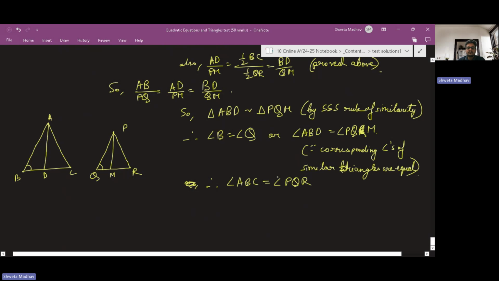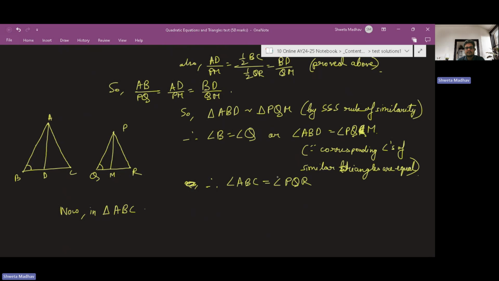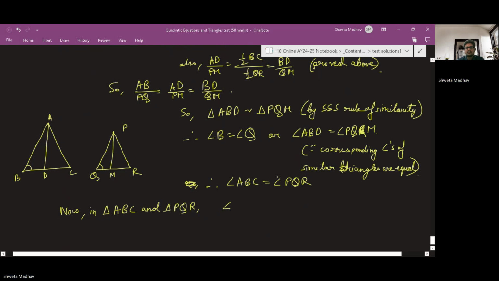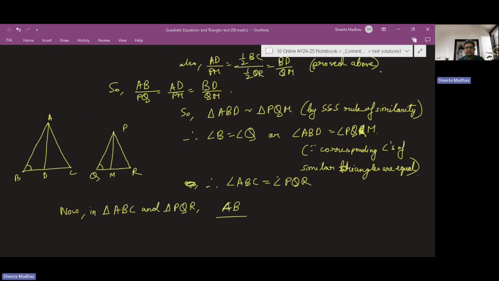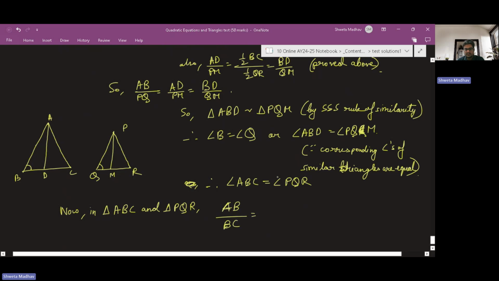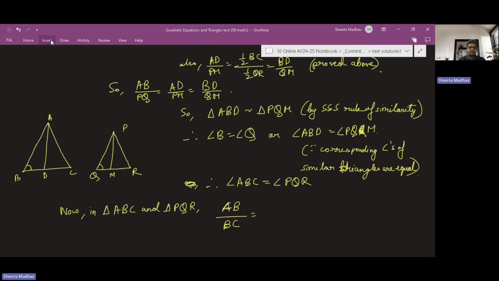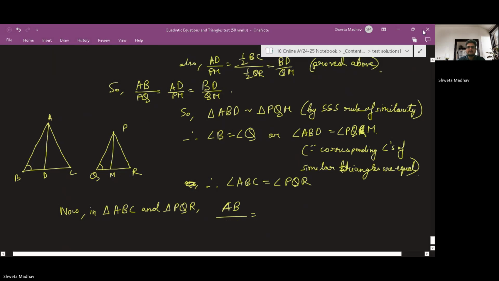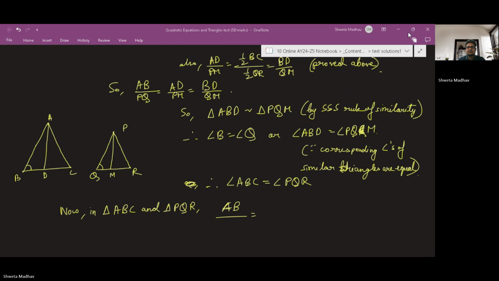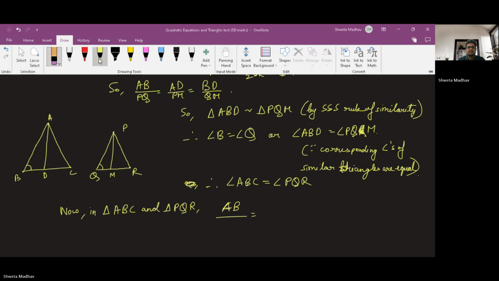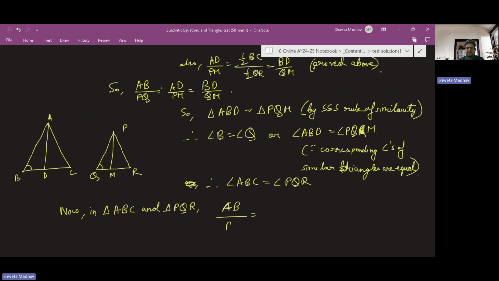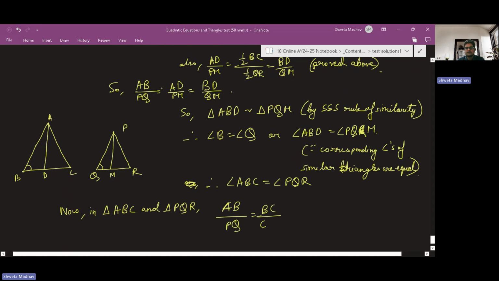We have proved it. So now we can say in triangle ABC and triangle PQR, AB by PQ is equal to BC by QR, which is given.